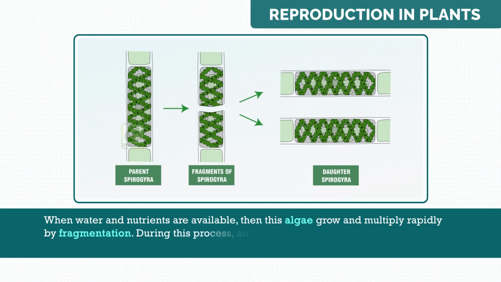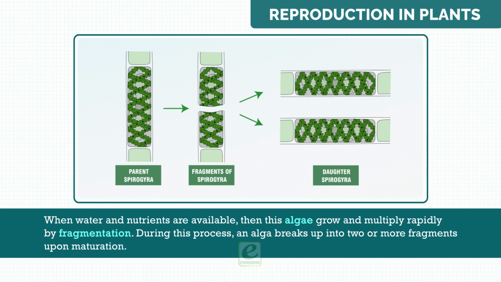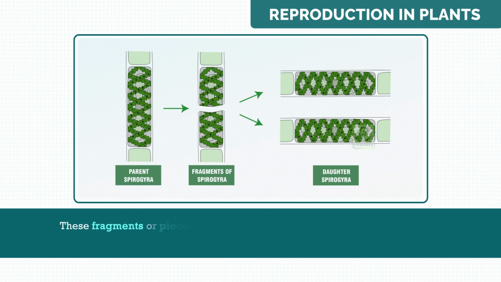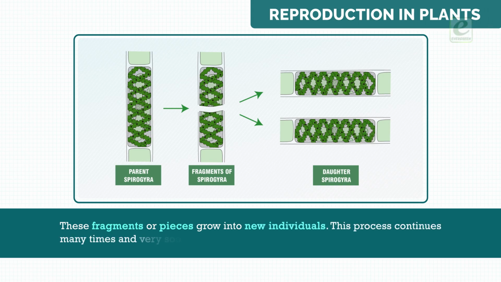During this process, an alga breaks up into 2 or more fragments upon maturation. These fragments or pieces grow into new individuals. This process continues many times, and very soon algae cover a large area in a short period of time.